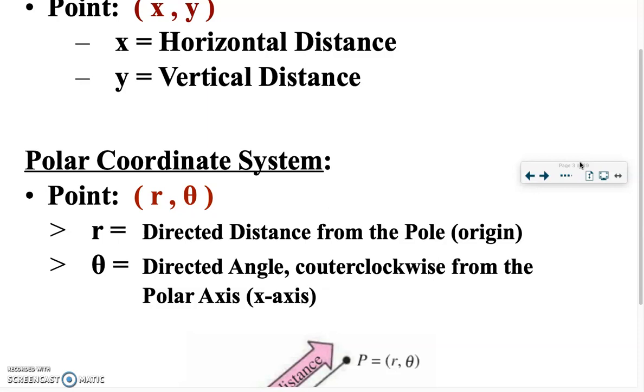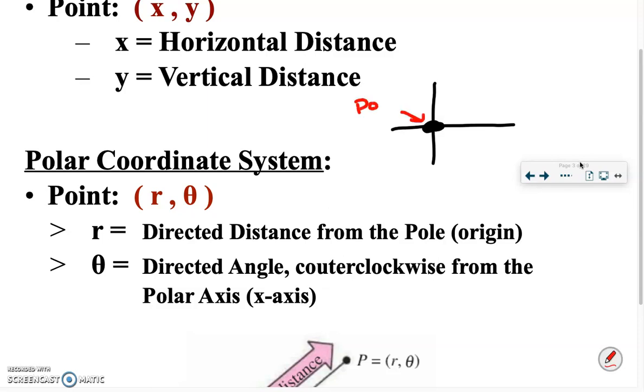Okay? So, like I said, within the polar coordinate system, if there's anything challenging or difficult initially, it's learning all these new words, and how they relate back to what I already know. That's what we're trying to do. So R is what we call the directed distance from the pole. Well, what the heck is the pole? If we have this system, we've forever been calling this the origin.